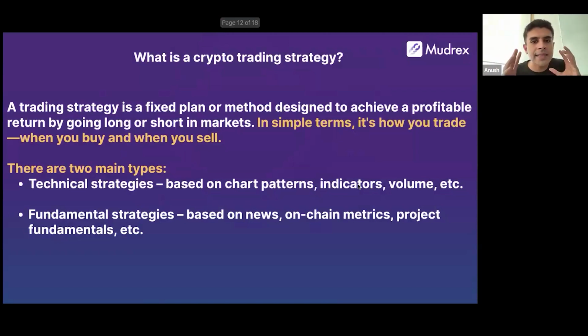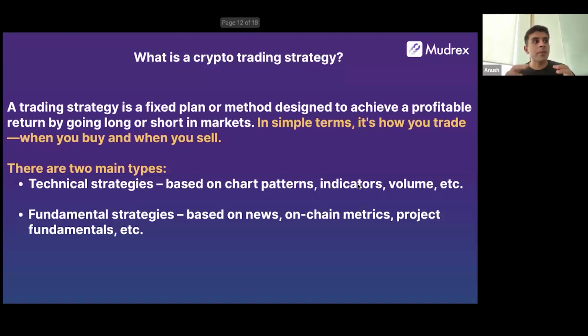So what exactly is a trading strategy? Now, at its core, a trading strategy is simply a fixed plan or method that you use to try and make these profitable trades. Whether that's by going long or short, or just knowing when to enter and when to exit the market. Okay, so basically, a strategy is just how you trade: when you buy, when you sell, and last but not least, why you do it.